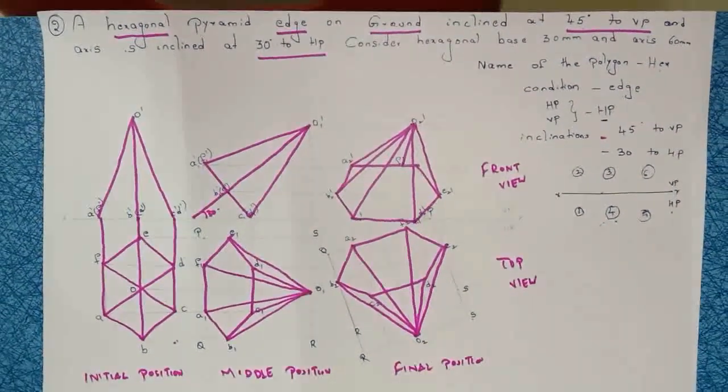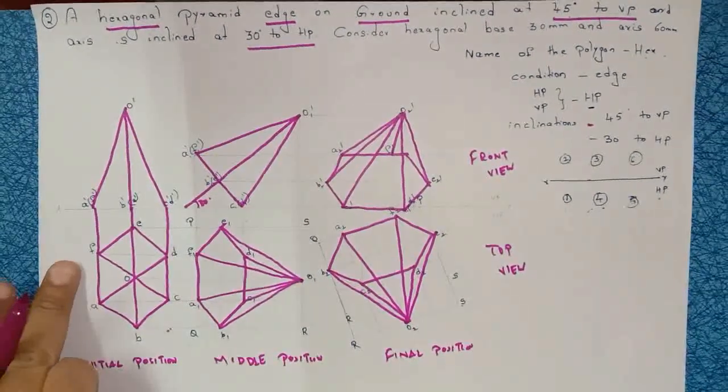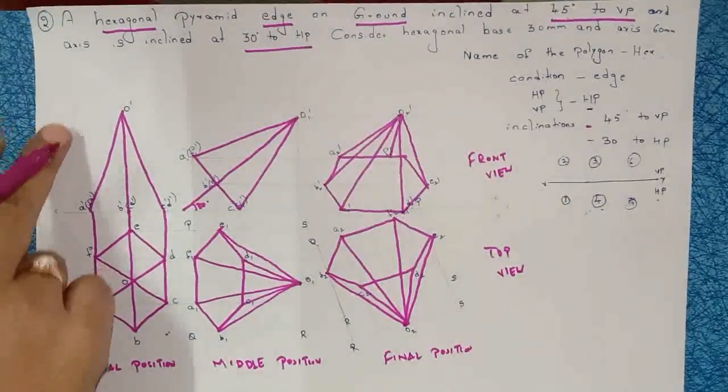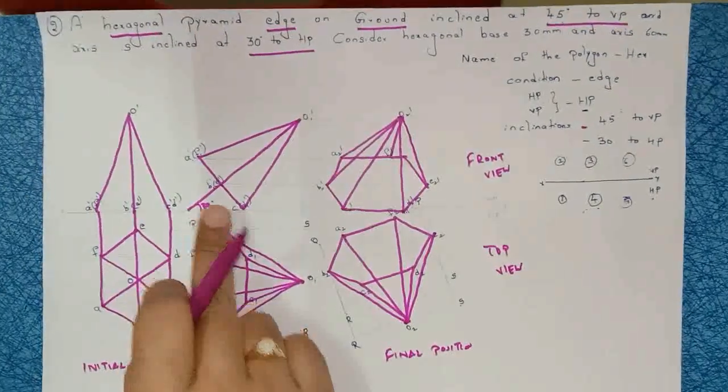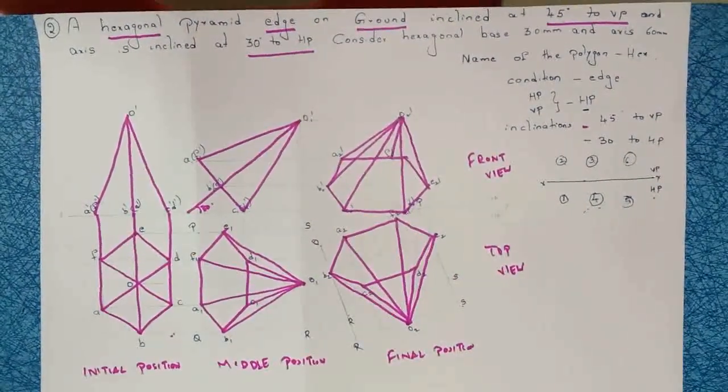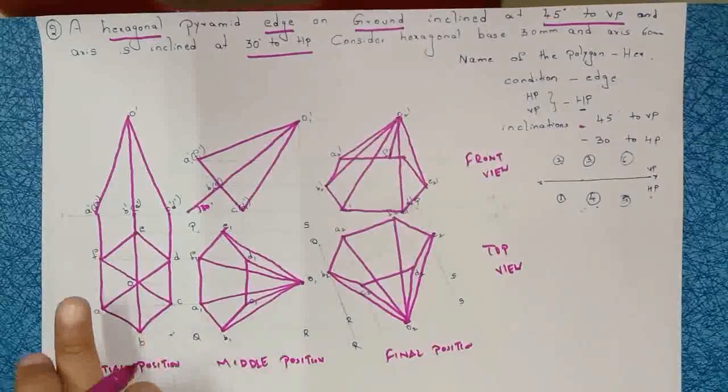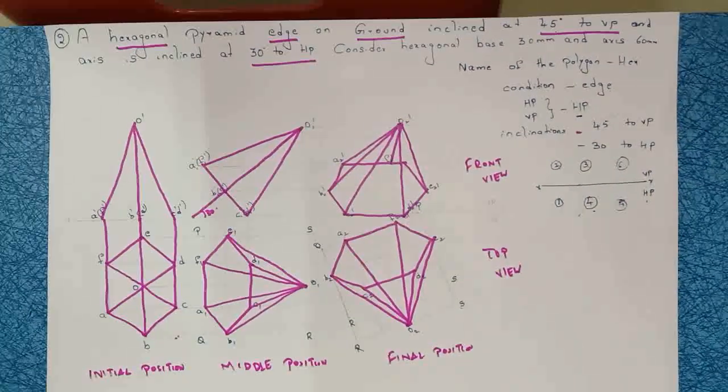You have to mark the dimensions also. Hexagon length is how much? 30. Axis height is how much? 60. What are the angles? 30 degrees, 45 degrees. After writing all this, you have to mark the dimensions also.